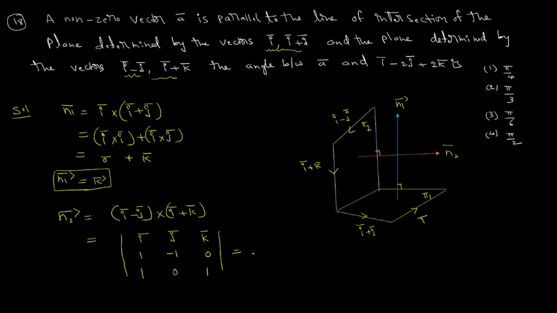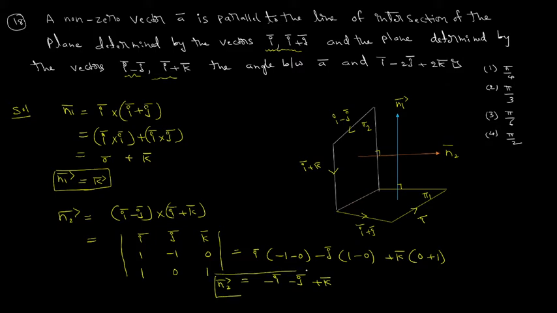Now expand it: i bar into minus 1 minus 0, minus j bar into 1 minus 0, plus k bar into 0 minus of minus 1, plus 1. Now this will be n2 bar, the second normal: minus i bar minus j bar plus k bar. This is normal 2.